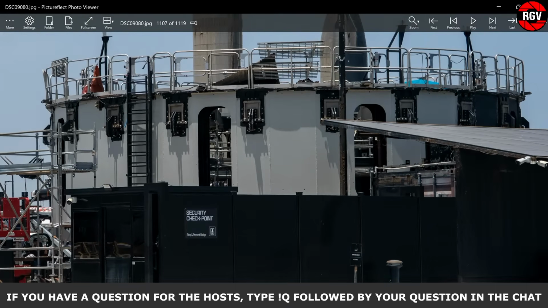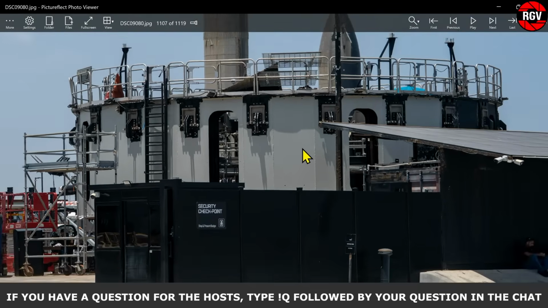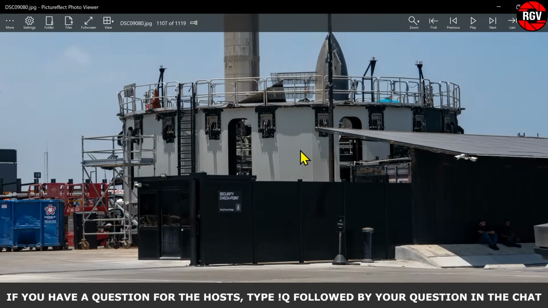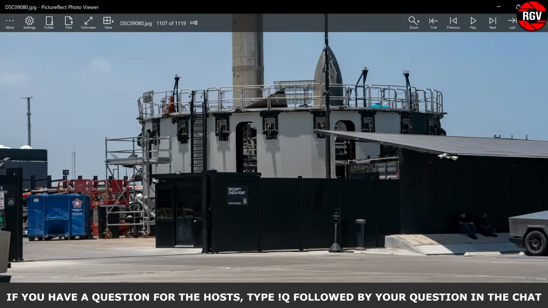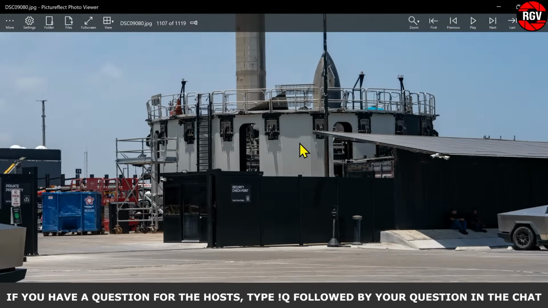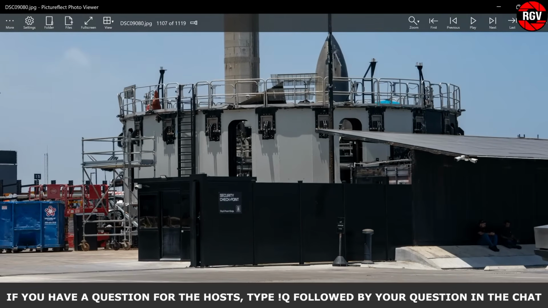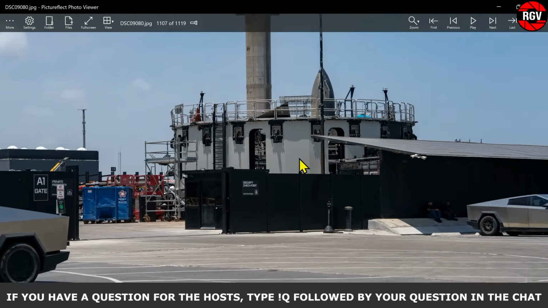It's probably just primer. Because SpaceX. They could put black on top of it, though. It could be some kind of epoxy that's standing up to the rust better than some of the other stuff.